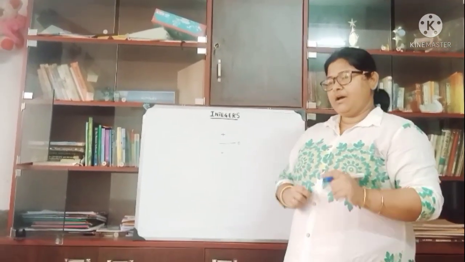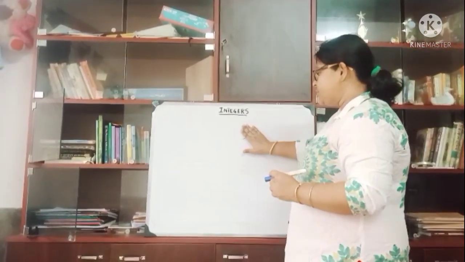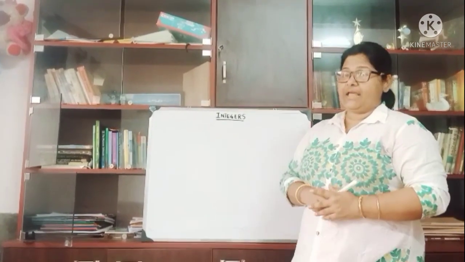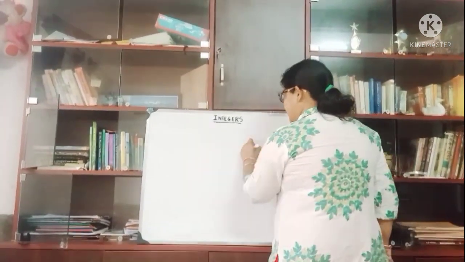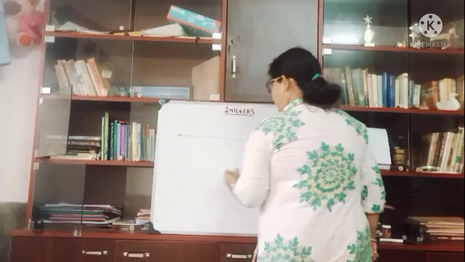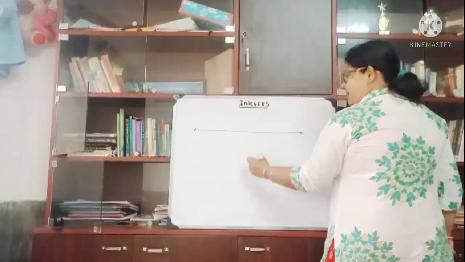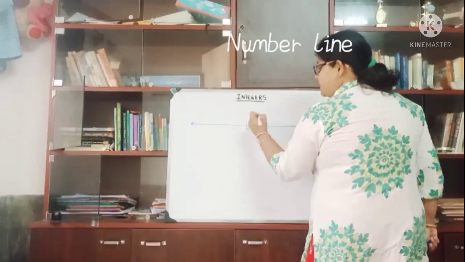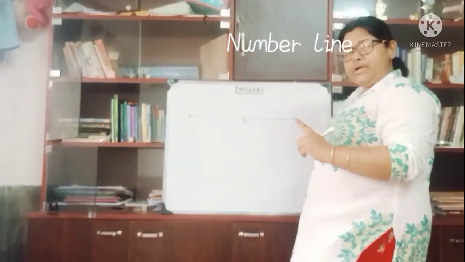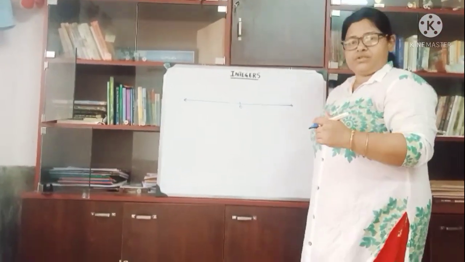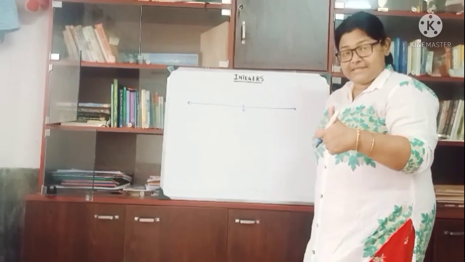Let me draw a number line for you which will show how an integer in real life looks. Let's consider this as a straight line. In the center we have the 0. 0 is neither a negative nor a positive number. It is just 0.